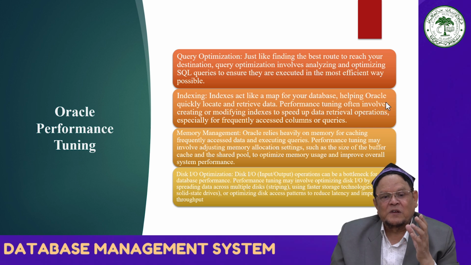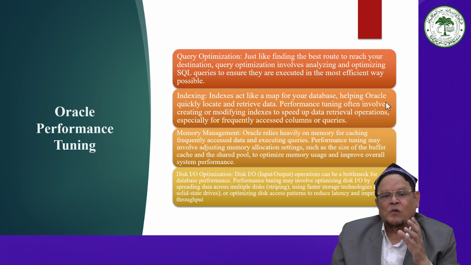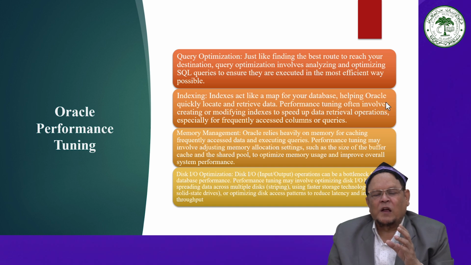Indexing means indexes act like a map for your database, helping Oracle quickly locate and retrieve data. Performance tuning often involves creating or modifying indexes to speed up data retrieval operations, especially for frequently accessed columns and queries.